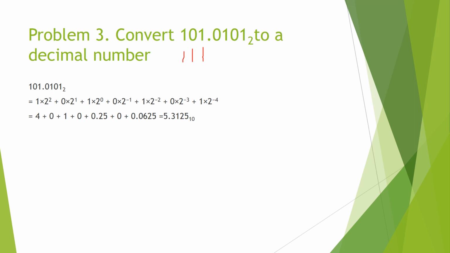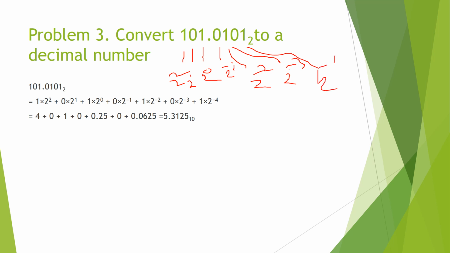So the power of this becomes 2 raised to power 0, because it is ones, and this one becomes 2 raised to power 1, then 2 raised to power 2, and then the difference here is that after the point, the first becomes 2 raised to power negative 1, then the other one takes 2 raised to power negative 2, then this takes 2 raised to power negative 3, and then this one takes 2 raised to power negative 4.